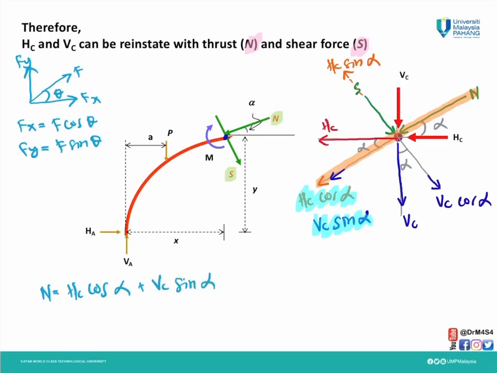That's the value for N. For our S, this is the axis for S. So the value for S is negative HC, because that is against the direction of S, negative HC sine alpha plus VC cos alpha.